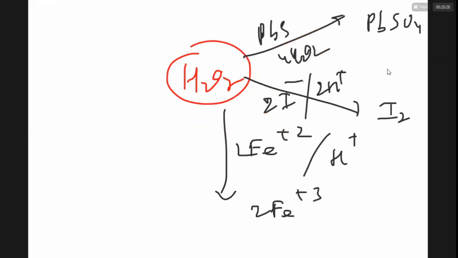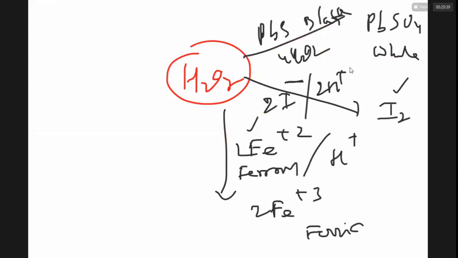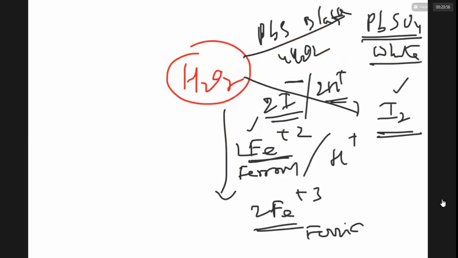So I minus loses electrons to give iodine. Ferrous becomes ferric. Black PbS becomes white PbSO4. In all these reactions, H2O2 is an oxidizing agent. PbS becomes PbSO4, white. Two iodide ions are becoming iodine in acidic medium. Ferrous ions are becoming ferric ions.